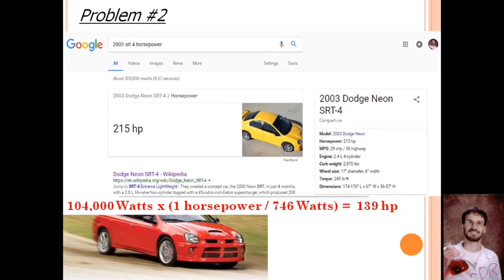Why is it that when we did the math, we got 139 horsepower instead of 215 horsepower? Does that mean that the physics is wrong? No, that's kind of the difference between working out problems in class and doing things in the real world.